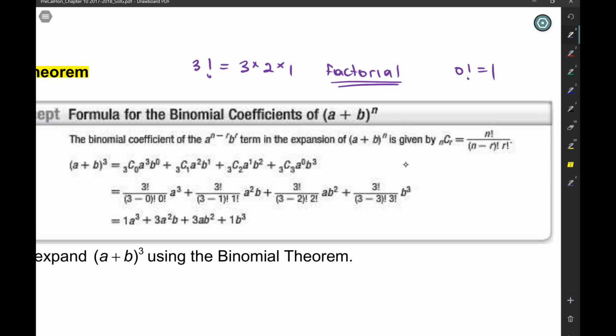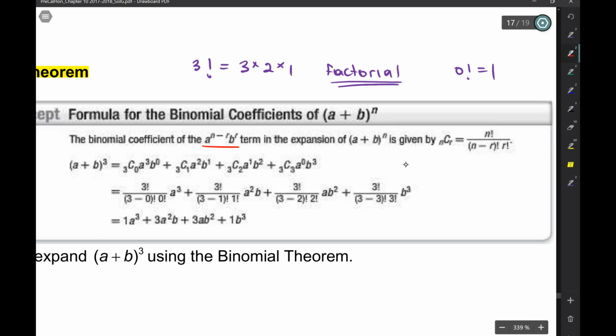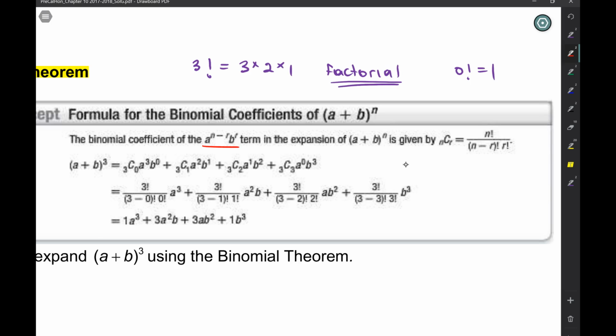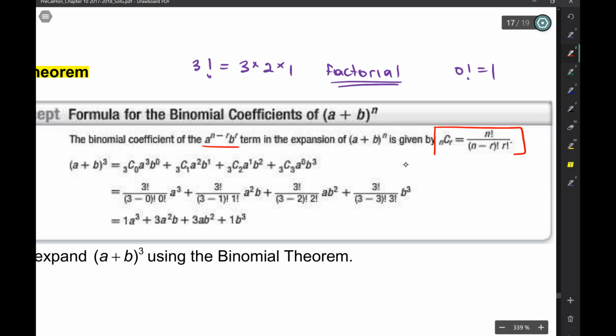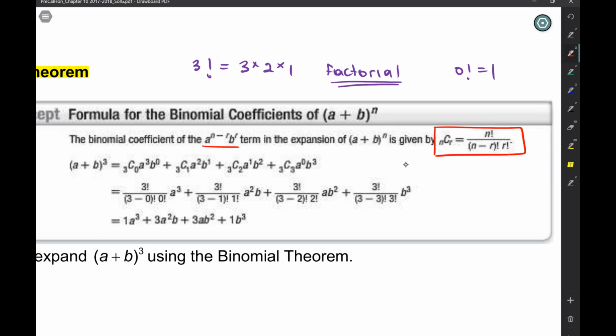So if you look here, the binomial coefficient of the a to the n minus r, b to the r term, okay, is this. So this is how we can come up with the individual coefficients. It's either Pascal or this. So the 1, 6, 15, 20, right? We could either do it using the triangle or this. Okay.